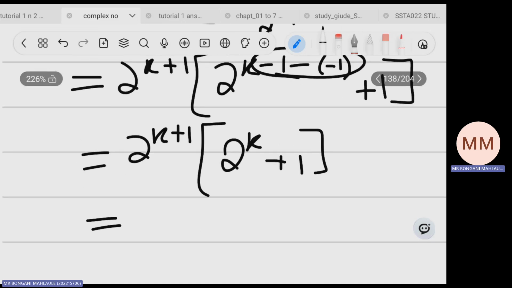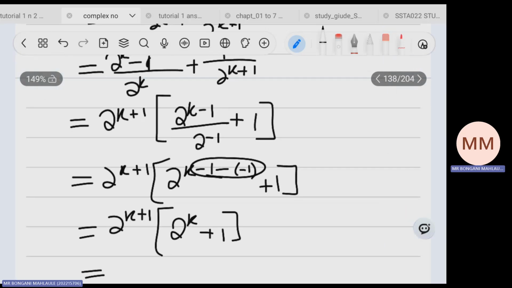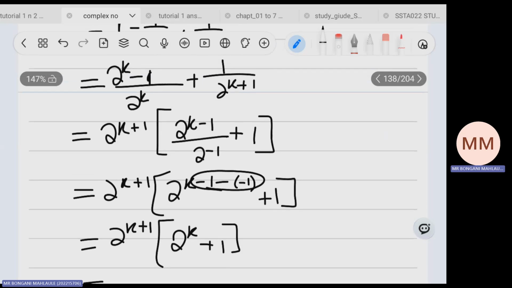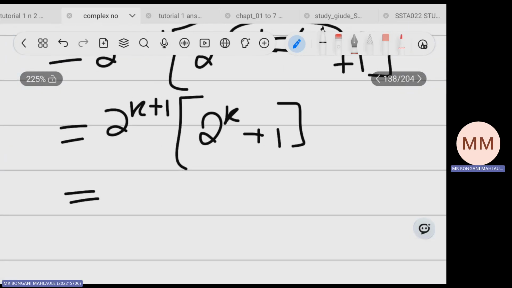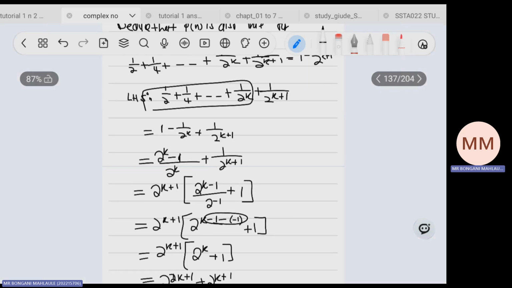And if we simplify this, this will be plus 1. To simplify this, we're going to get 2k plus 1 plus 2k plus 1. But we're looking for 1 minus.